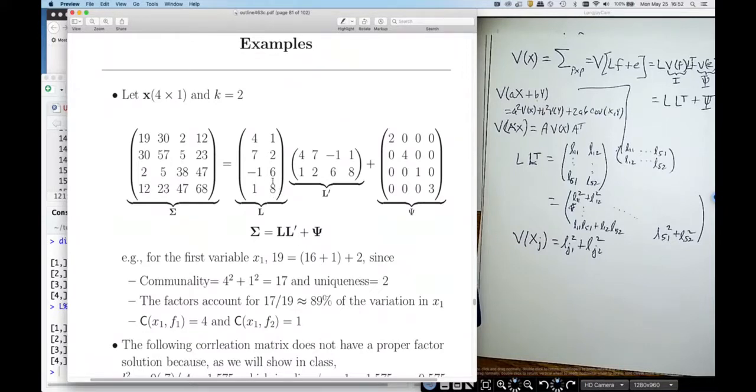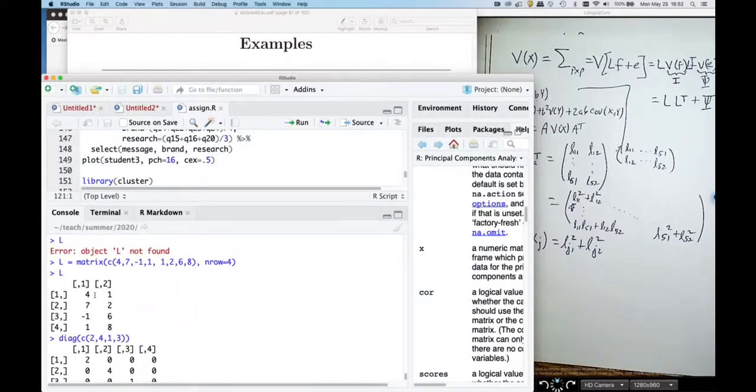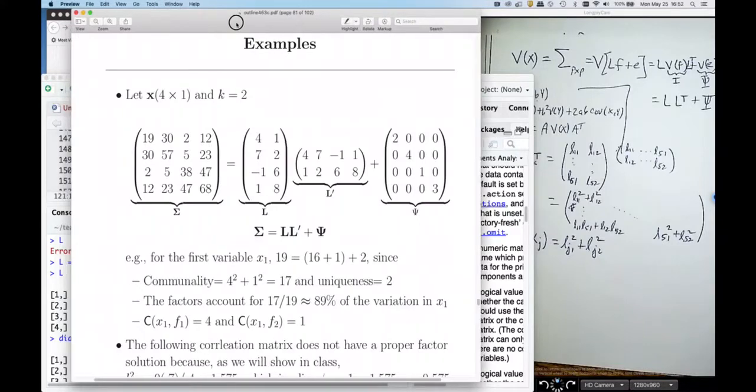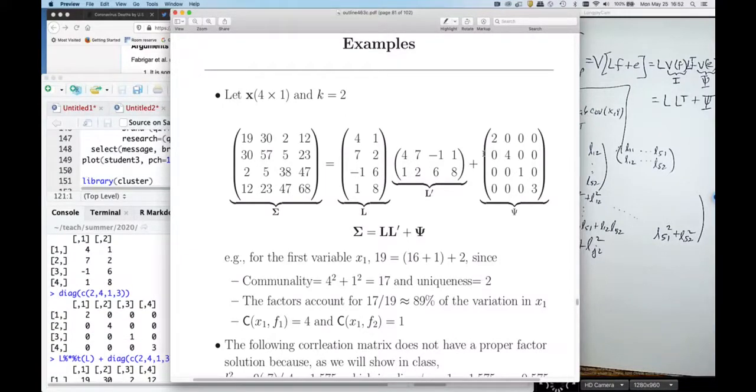If you don't believe me, I've gone over to R and let me just show you what I did here. I typed in that L matrix, so here's your loading matrix. We could have done this by hand. Maybe I suggest you do it by hand. I've also constructed this diagonal psi matrix.